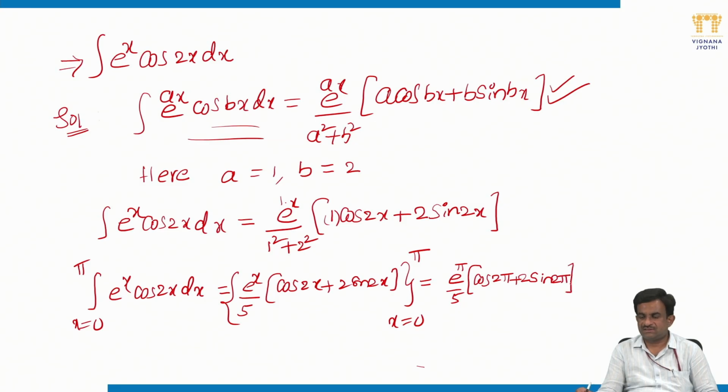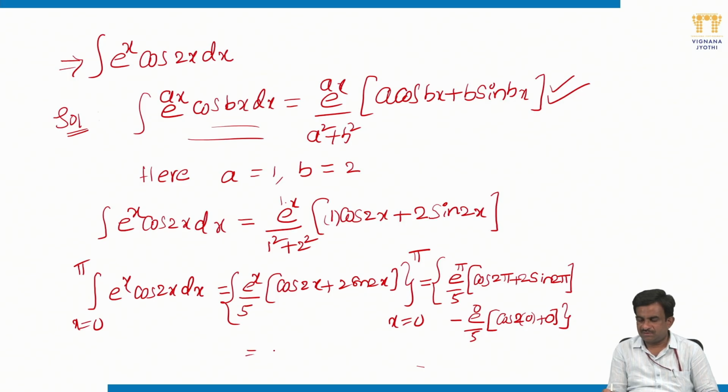Then minus of the lower limit: take a bracket, minus e power 0 divided by 5, then cos of 2 into 0, that is cos 0, plus 2 sin of 2 into 0. We know that sin 0 is 0, so we use that as 0 here, then close the bracket.